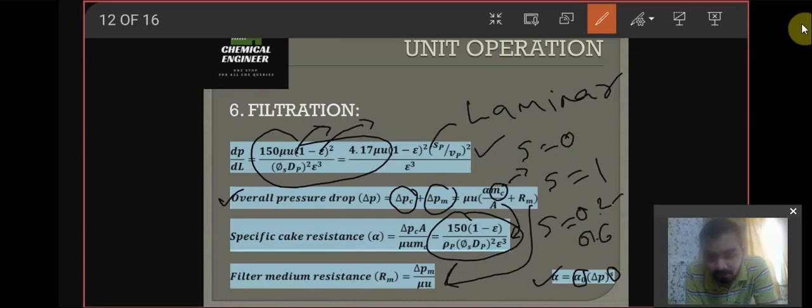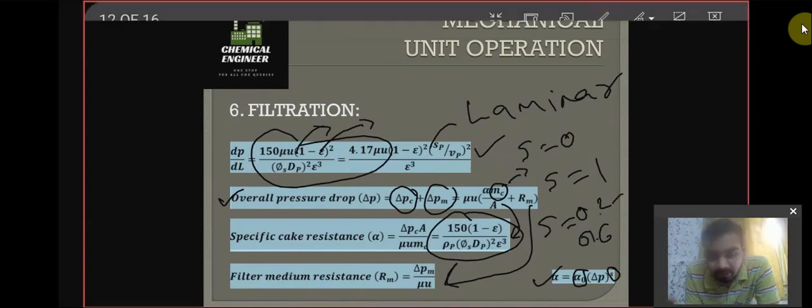It is 0 for a constant pressure filter, while for a constant rate filter it is 0.2 to 0.6. Remember all those formulas, it will help you.